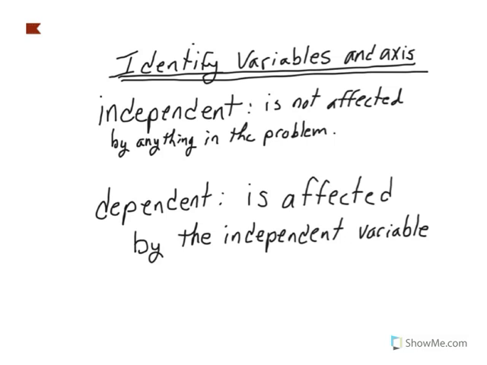So in our problem, we have our two variables of weight and months. So, does the weight affect the months, or does the months affect the weight? Pause the video, write down what you think.